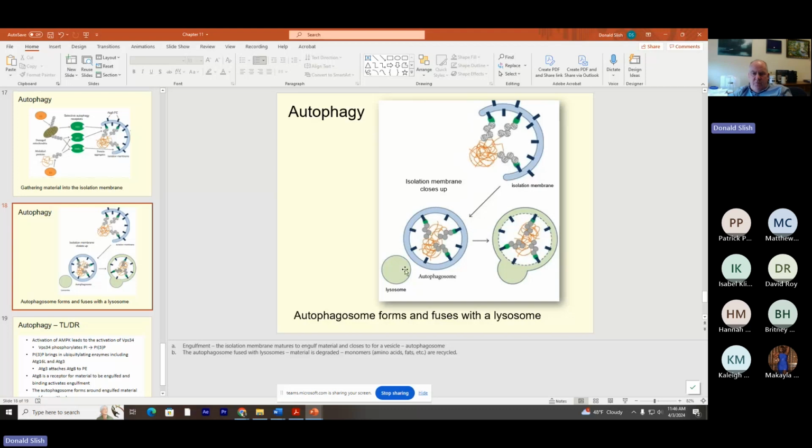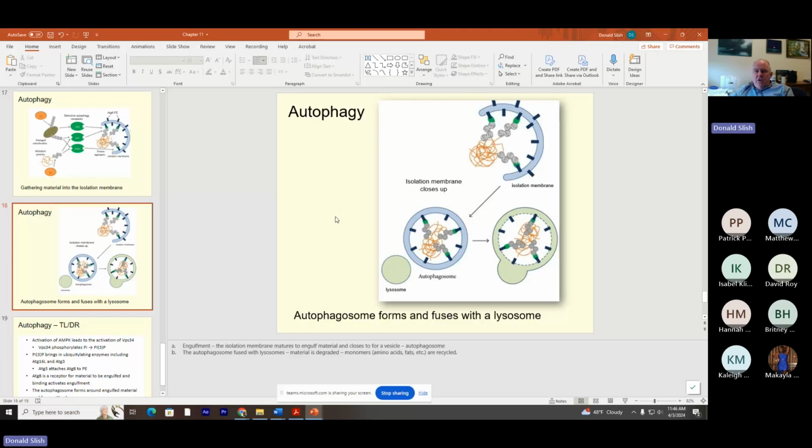Now that autophagosome then will fuse with the lysosome. We'll get release of the acid hydrolases, activation of the V-type hydrogen ATPase pump, acidifying the inside of the membrane, and then breaking everything down. And then releasing those monomers, which can be used for energy or building other things.